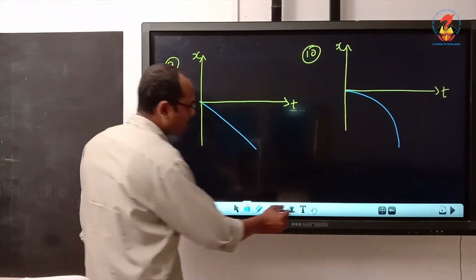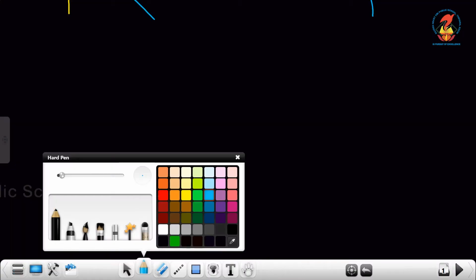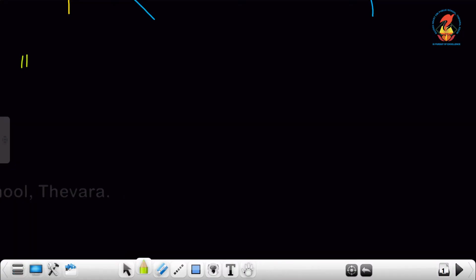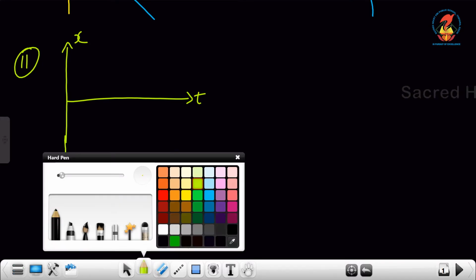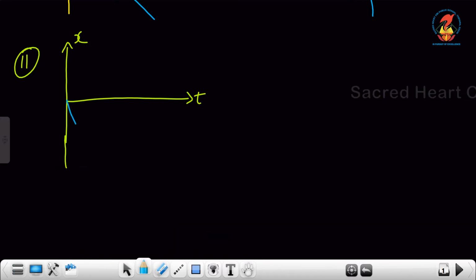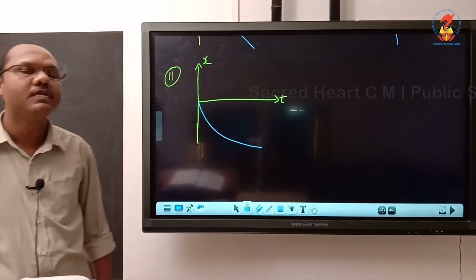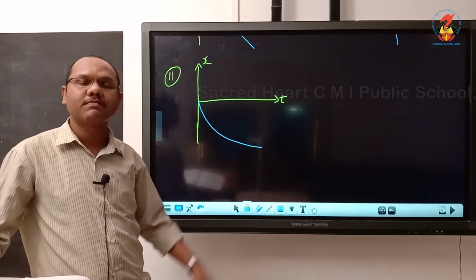Now again, think about this. Slope is decreasing.